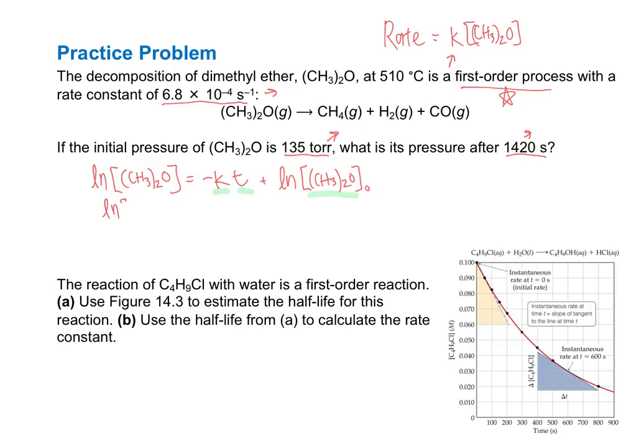So we're going to say the natural log of dimethyl ether equals negative K times time, and the units are the same, so we have inverse seconds and seconds, so those will cancel out, plus natural log of that concentration or that pressure, 135 torr.